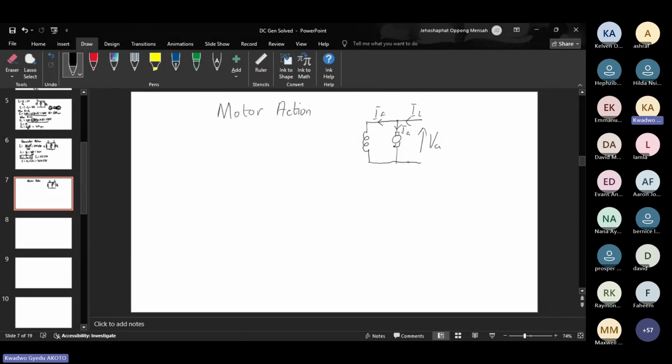Okay. So we are going to use the same step to find our IL. IL is still going to be power divided by voltage, right? We are going to have the same answer.